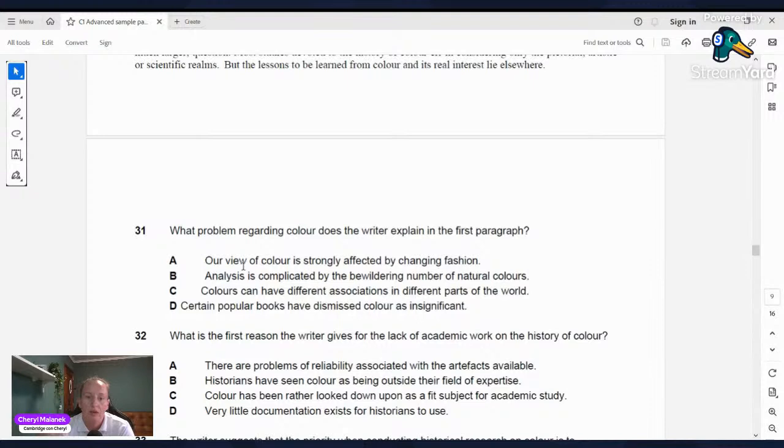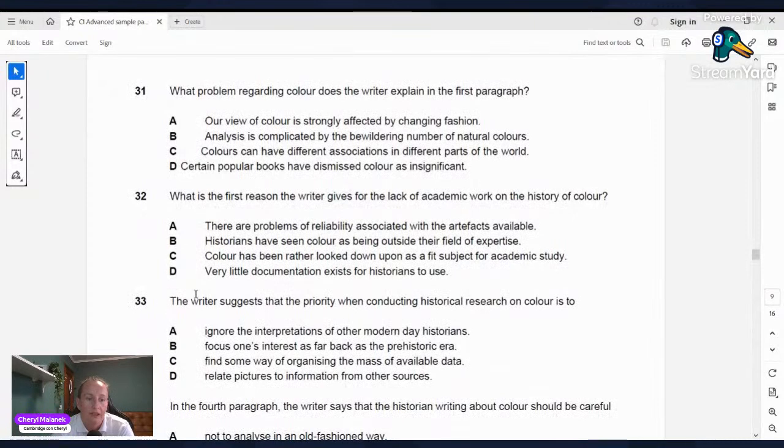Often they're asking you to look at what the main point is or what the writer is suggesting. If you see questions asking that, like this one here, number 33, what the writer suggests, this means that the answer is not going to be given specifically in the reading part. And you are going to be looking for implied information.